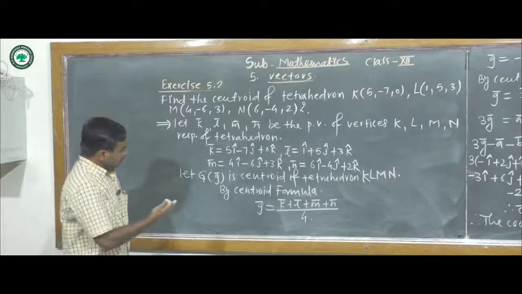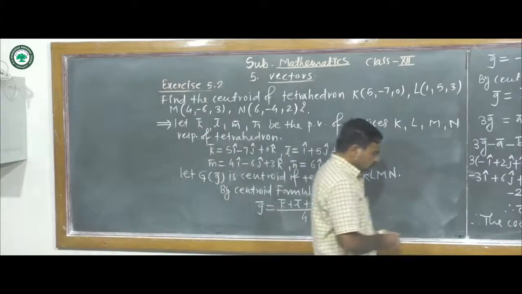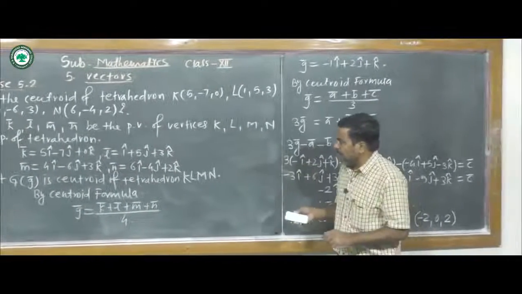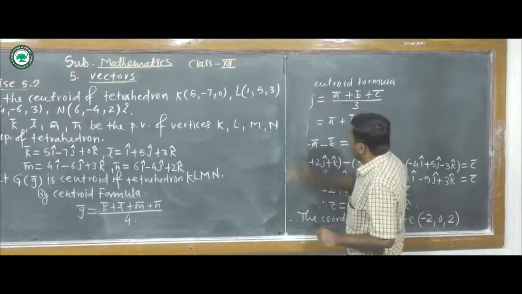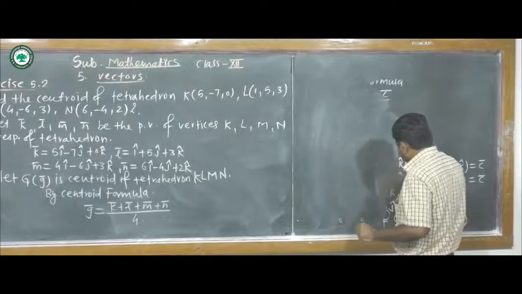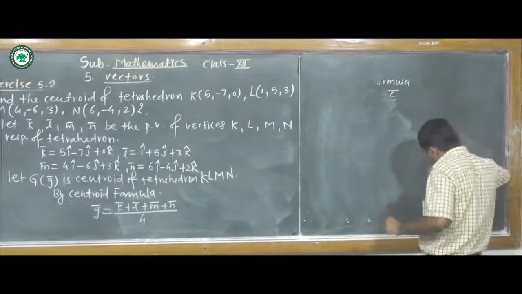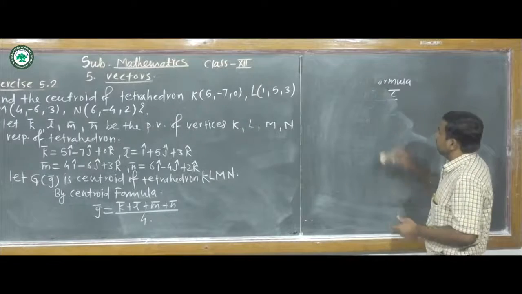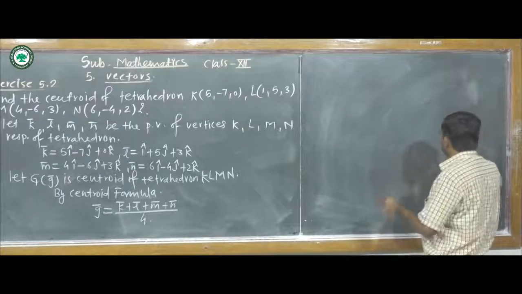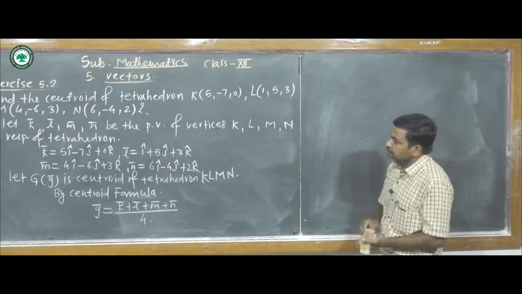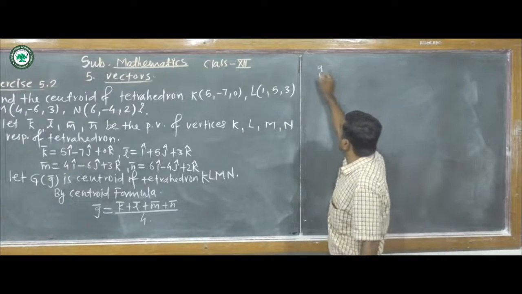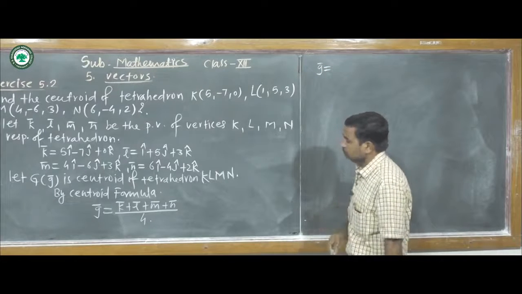So now in this formula put the values of vector k, vector l, vector m and vector n and take the calculations. So we get the centroid. See, z bar is equal to k bar.